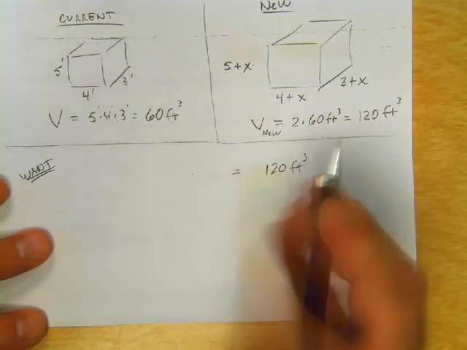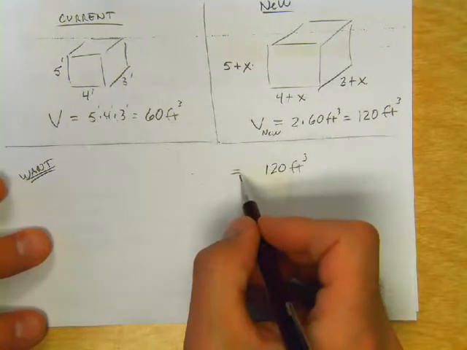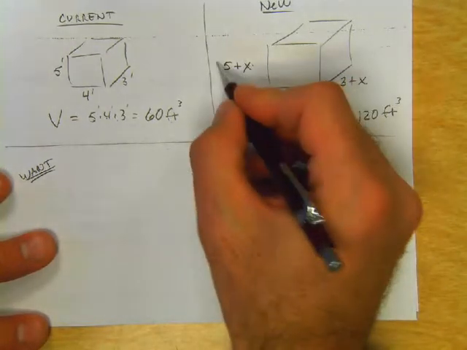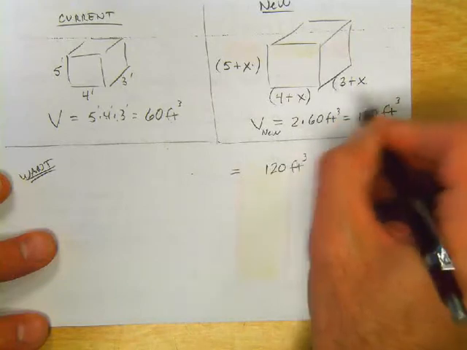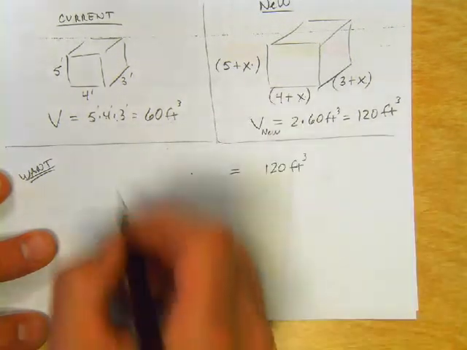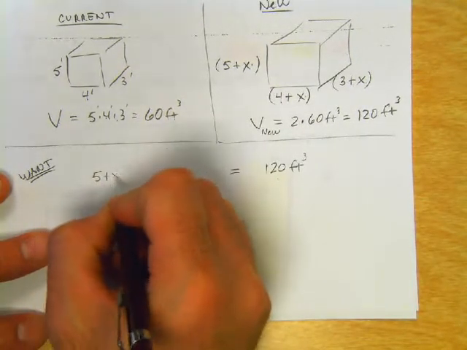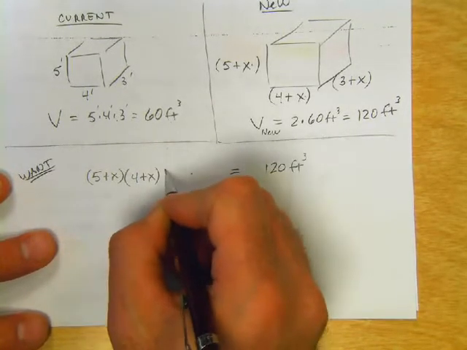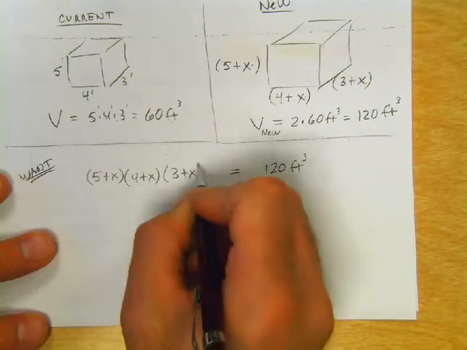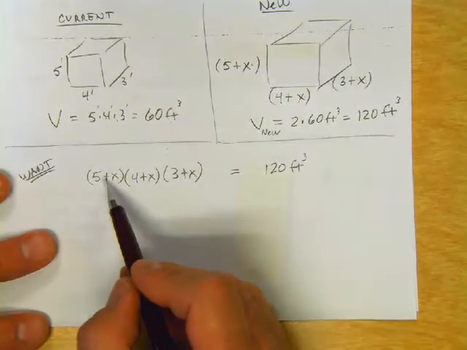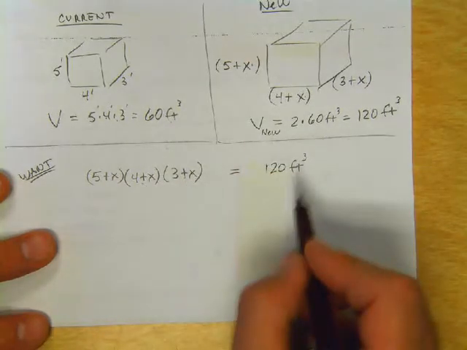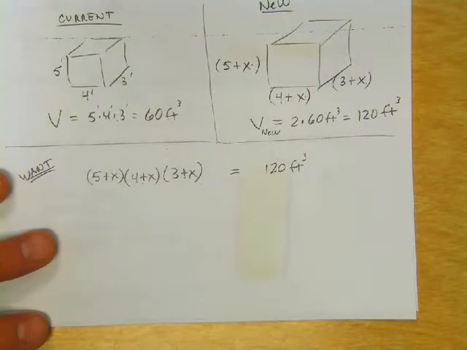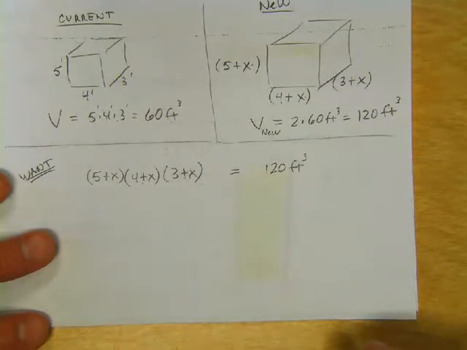And we know that the sides of the new box are 5 plus x, and 4 plus x, and 3 plus x. And if we multiply length times width times height, we should get 120 cubic feet. So that's the problem that we have to solve.